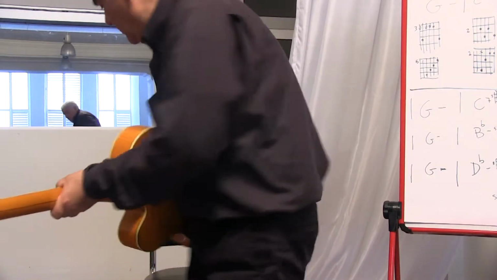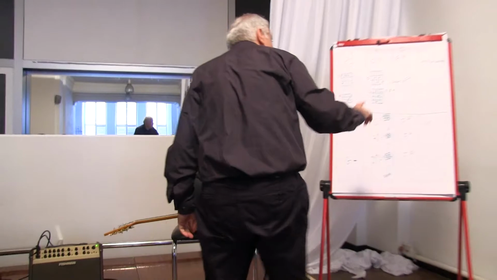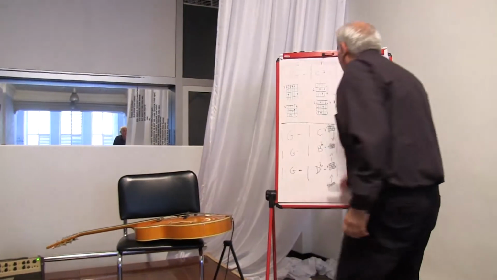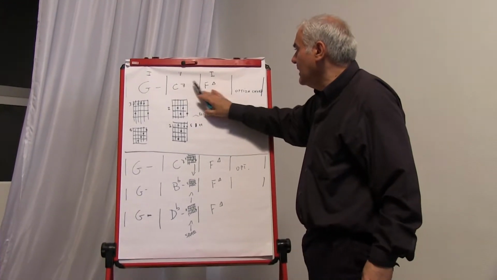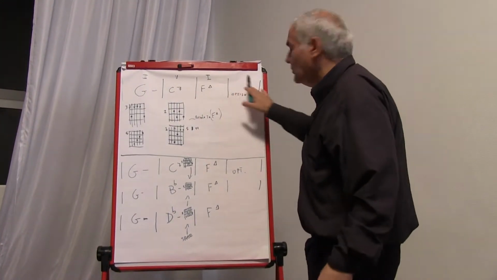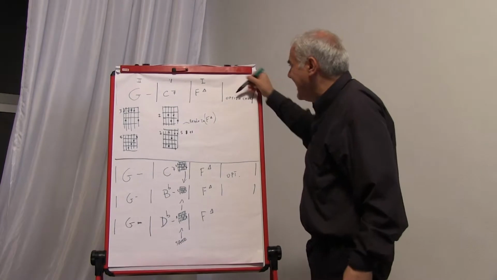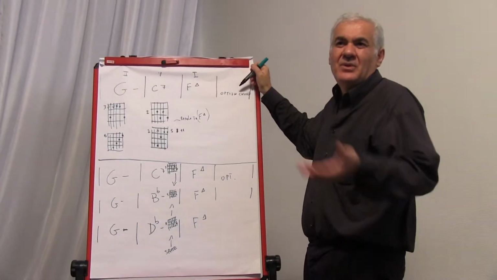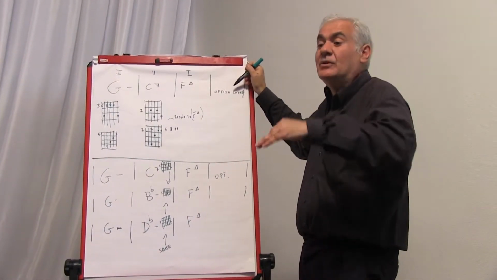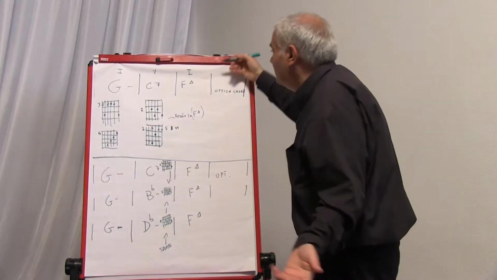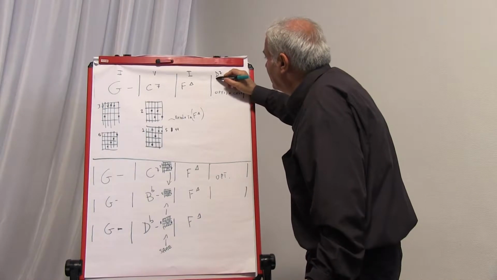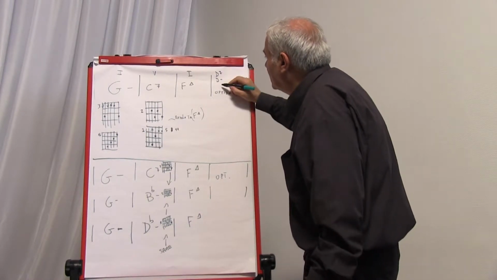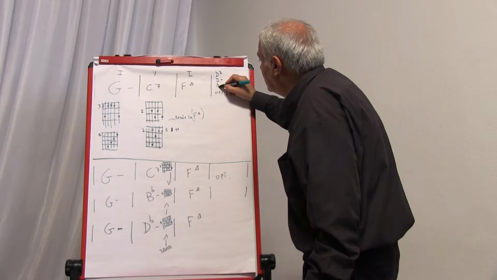And just one small thing I brought here, because normally 2-5-1 is one bar each, two bars. Here is an optional chord because it depends what is coming after. Maybe you have D7, maybe you have D minor.